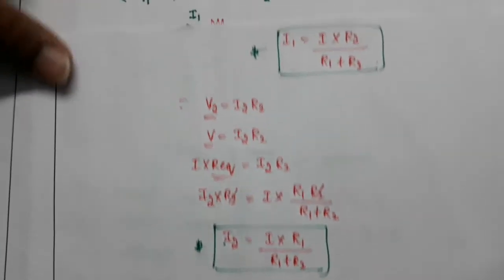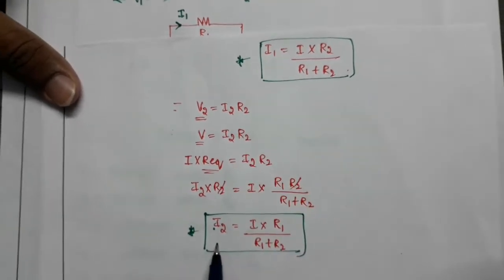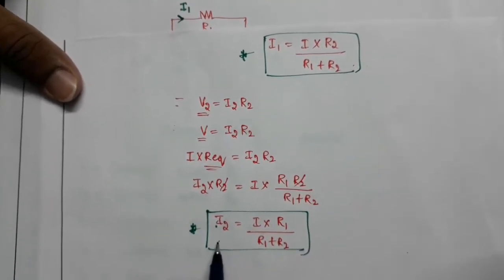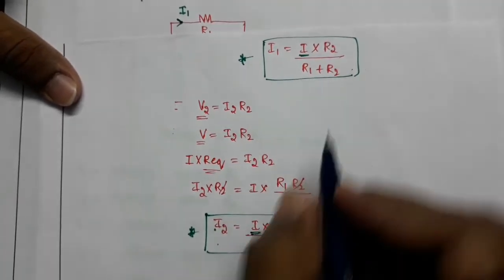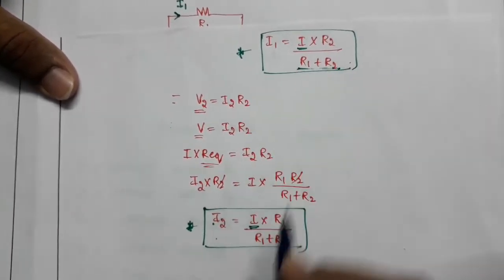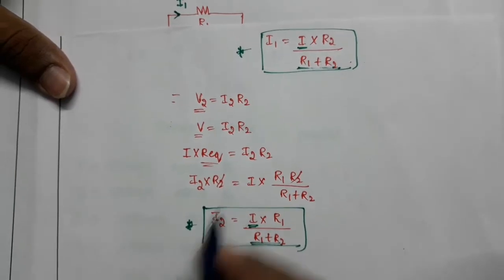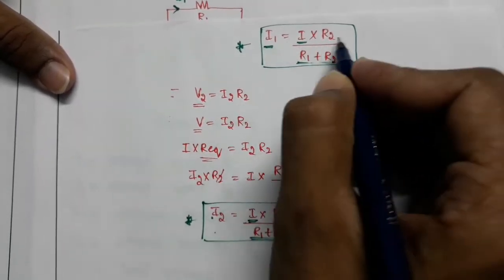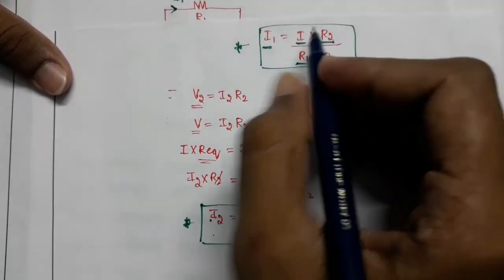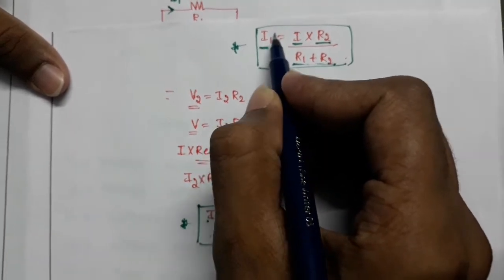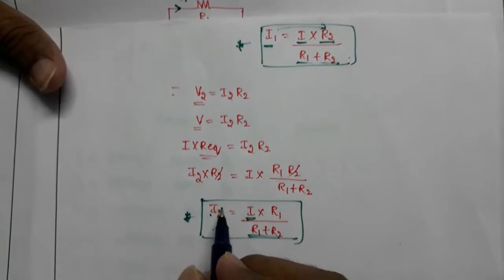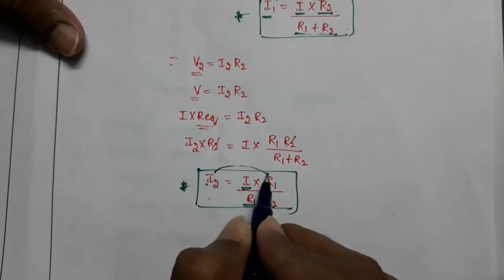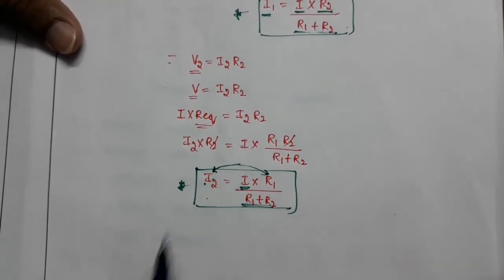By observing I1 and I2, the common is I and R1 plus R2, where this is I1 current and this is R2 resistance. That means we have to take opposite. Here you can see that I2 current and R1 resistance, which is opposite.